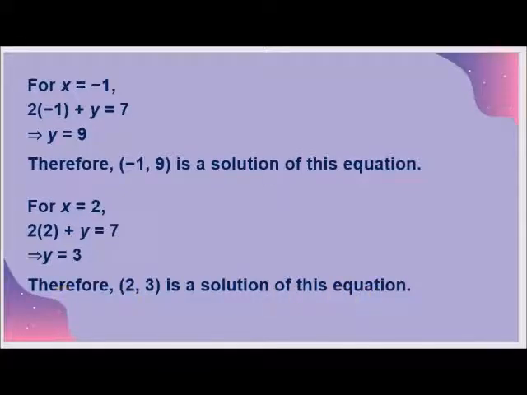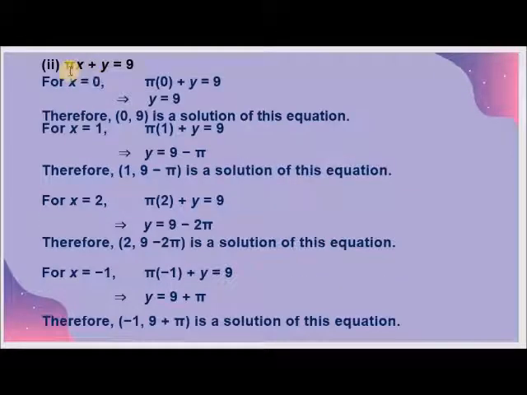Fine. Now, the second part is pi x plus y is equal to 9. Again, for x equal to 0, we'll put 0 in place of x. So pi multiplied by 0 plus y is equal to 9. So pi multiplied by 0 is 0. Therefore y is equal to 9. So (0, 9) is the solution of this equation.